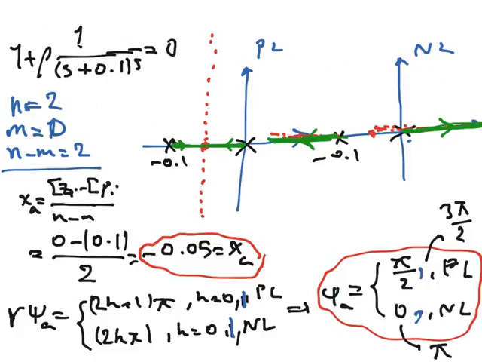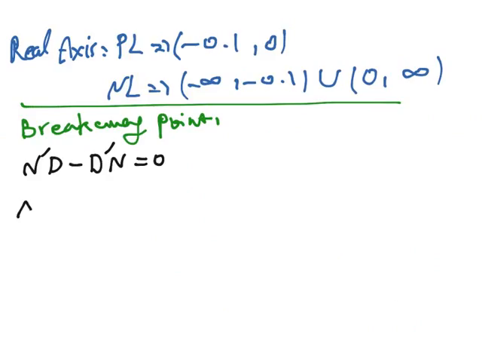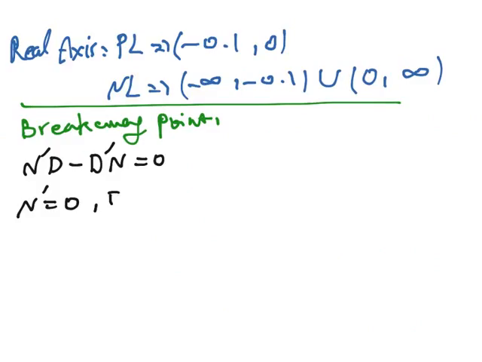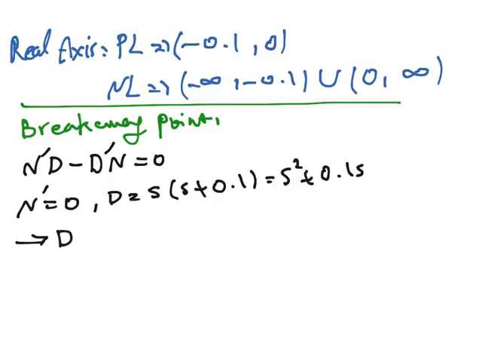For this case, our n is equal to 1. Accordingly, n prime is 0. And d is equal to s times s plus 0.1, which is s squared plus 0.1s. Therefore, d prime will be equal to 2s plus 0.1.